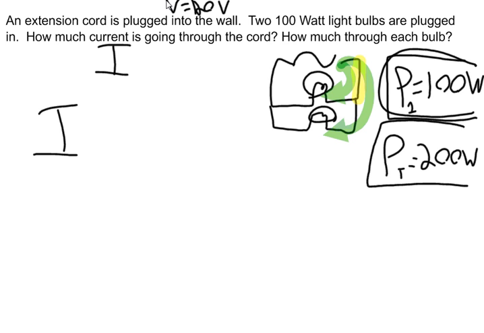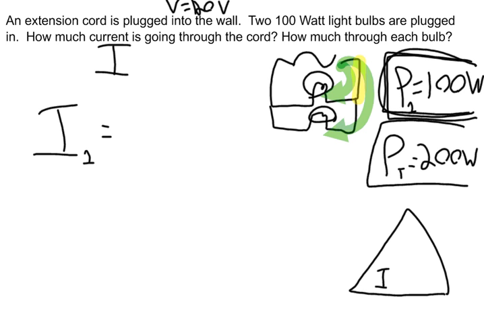So the current going through one bulb is just going to be based on our standard formula, but using this power. So we know that P is equal to I times V, or to put it in terms of I, I is equal to P over V. So the current through one bulb is going to be the same as the power taken by one bulb divided by the voltage.